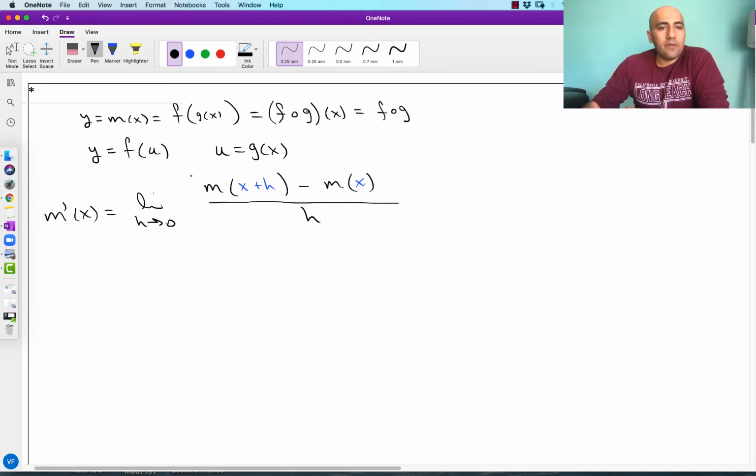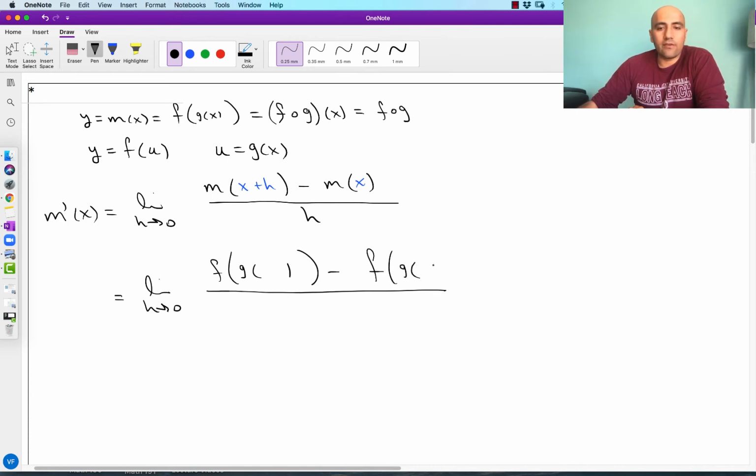Okay, but the m is a composition of functions, where the input goes actually first into the g function, and then its output goes into the f function. So this is really the limit as h goes to 0 of f evaluated at g evaluated at x plus h, minus f evaluated at g evaluated at x, like that.